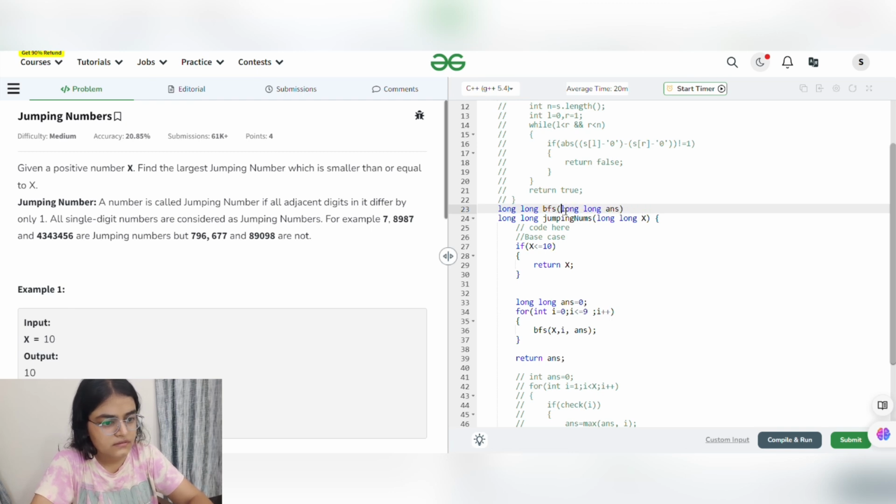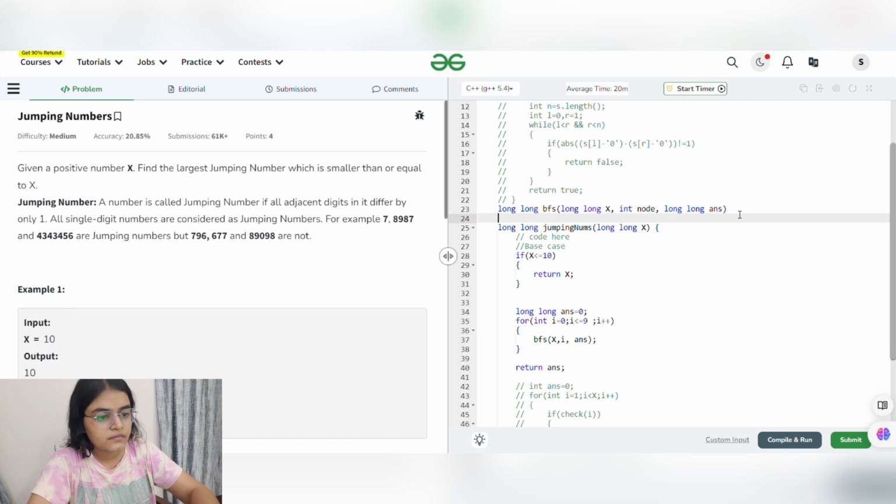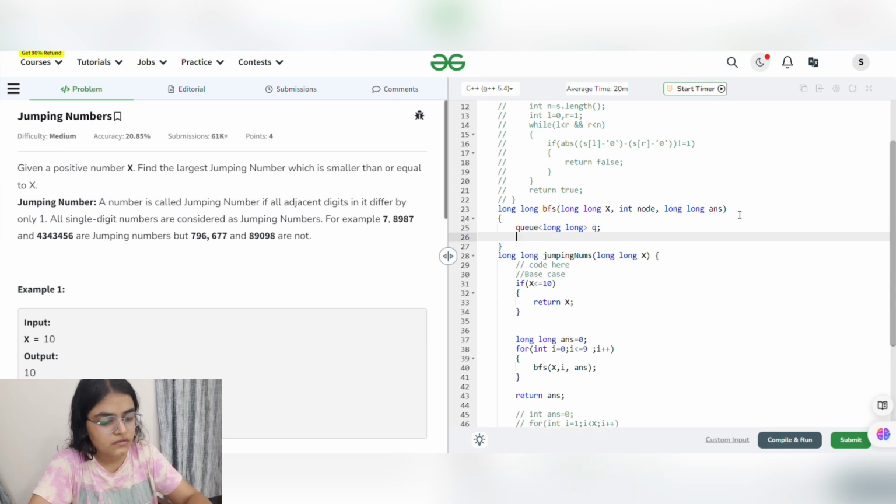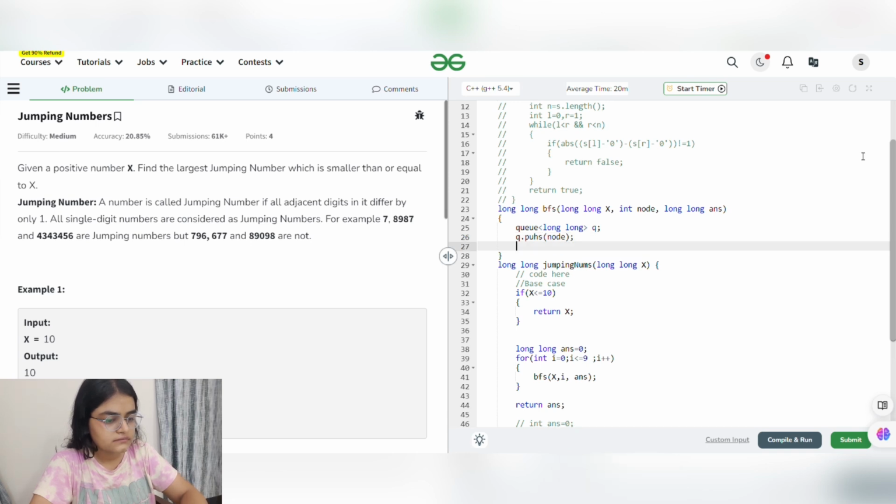Sorry, long x. For i, let's take it as node. Okay, we'll be making a queue and push our node in it. Let's take all of them as long.